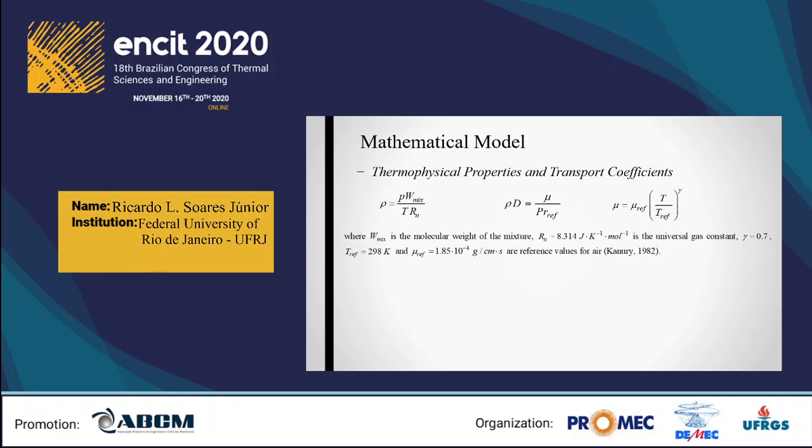The temperature variation of the thermophysical properties and transport coefficients is given by the following expression. Also, the heat generation parameter is given by an estimated value for the flame experimental temperature according to the following equation.